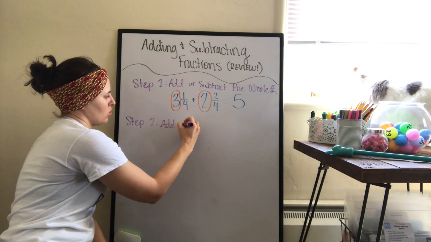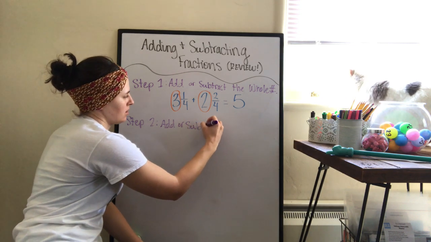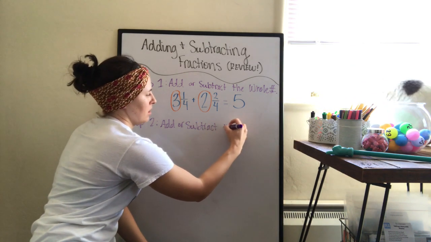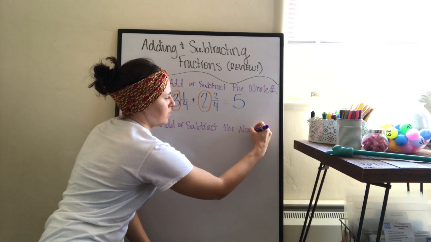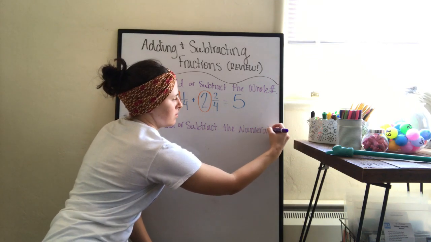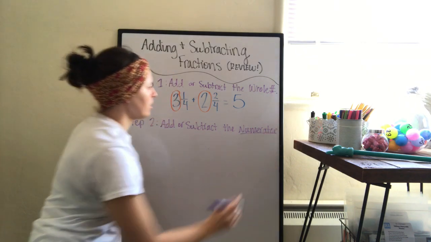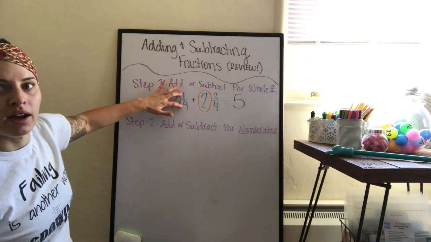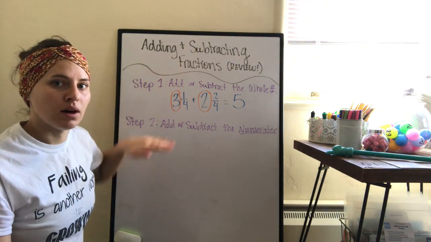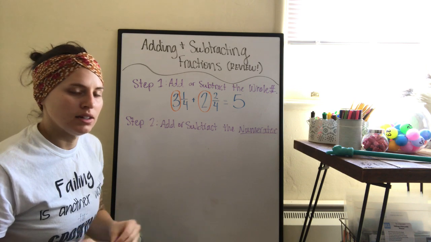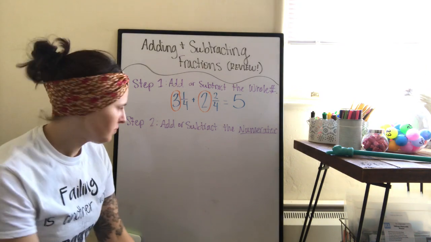add or subtract the numerator. And remember, numerator, in our fraction, we have a number that's on top and we have a number that's on bottom. The numerator is the number that's on top.